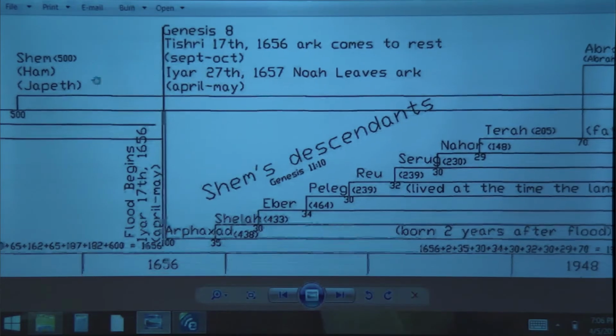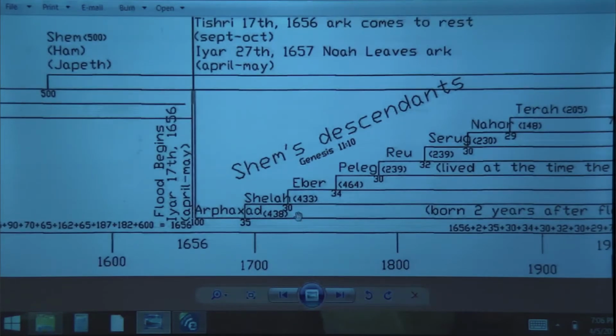Then the lineage continues in Genesis chapter 11. In Genesis chapter 11, we see the line of Shem, Shem's descendants. So what the Bible shows us all the way through is the whole lineage to Jesus Christ. And it does it through this lineage of Shem.